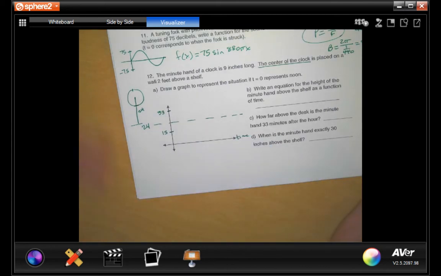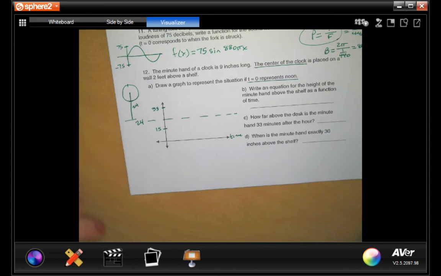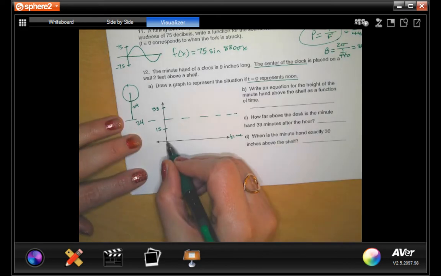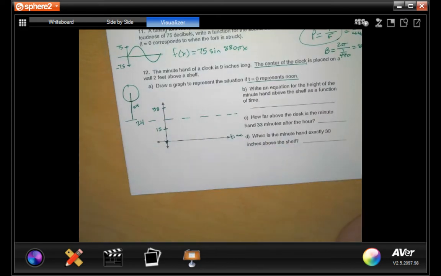And so what do we know? It says T equals 0 represents noon. Or it could be 1 o'clock or 2 o'clock or 3 o'clock. It's just on the hour. So at noon or at 1 o'clock, whatever, would it be at its highest, which is starting? Yeah, because it's pointed up, right?